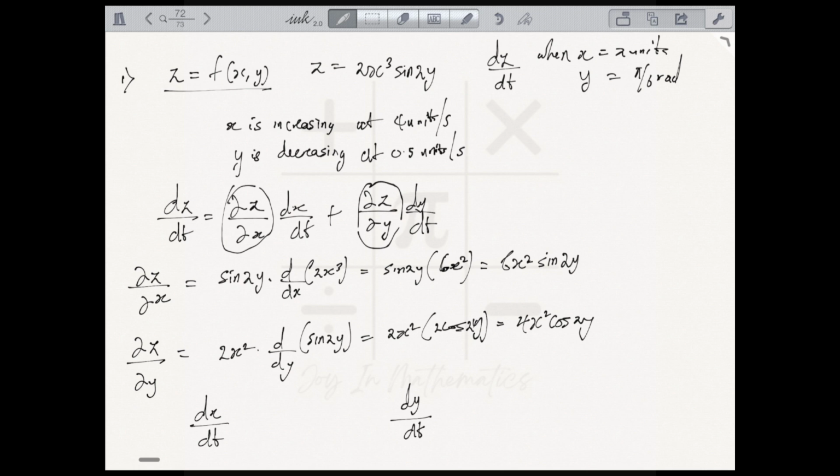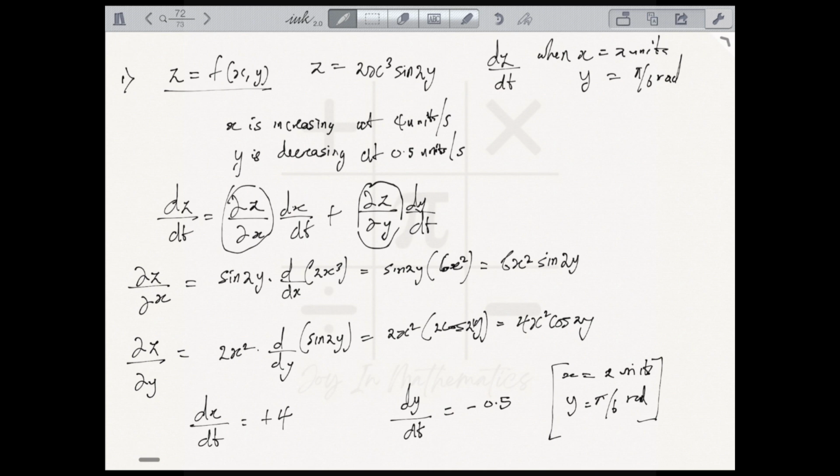That means dx/dt is positive 4, and y is decreasing at 0.5 units per second. Therefore dy/dt is negative 0.5 because it is decreasing, and we are given that x is 2 units and y is pi over 6 radian.